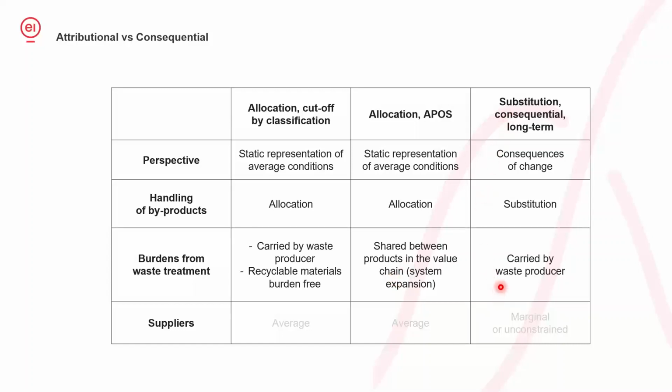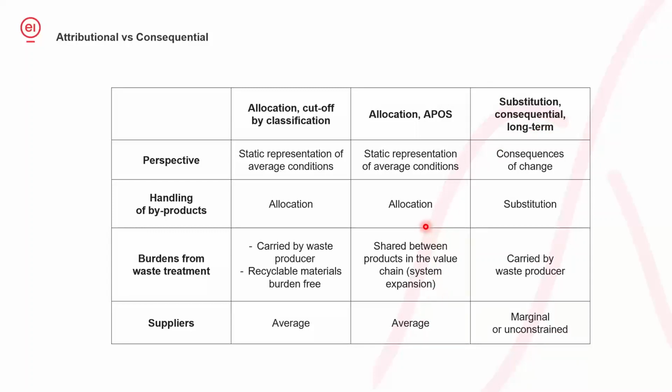And in the consequential system model, all the burdens of the treatment are carried by the waste producer. And finally, the suppliers of the market. We have average suppliers in the allocation system models and marginal or unconstrained suppliers in the consequential system model.